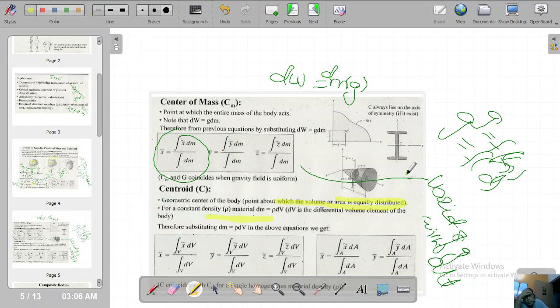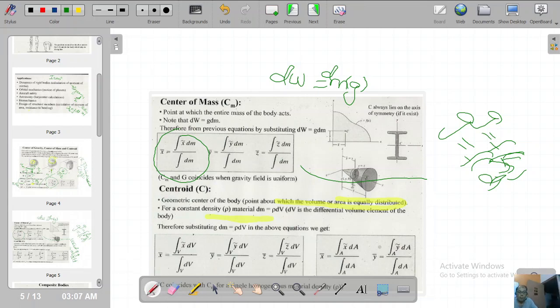But just imagine a case scenario. As we have told you, the center of mass and centroid will always coincide when gravity is uniform. Let us say we have a rectangular body here.